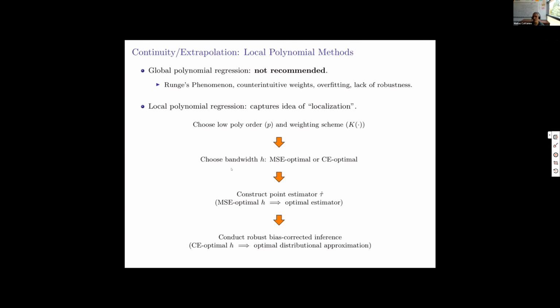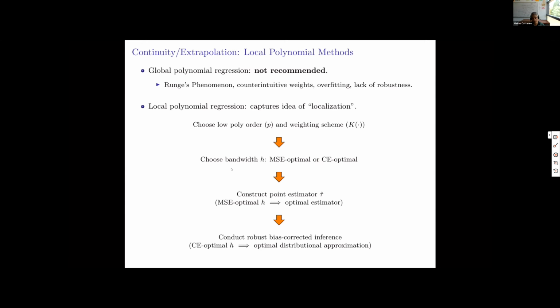And so a second way of choosing the bandwidth that I'm going to talk about briefly is related to inference properties. So one could say, hold on a minute, I'm not particularly interested in developing an optimal point estimator for the RD treatment effect, although arguably that is a major goal in practice, but also I may want to ask a question: how should I choose the bandwidth if I wanted to have the best possible Gaussian or distributional approximation in order to conduct inference?